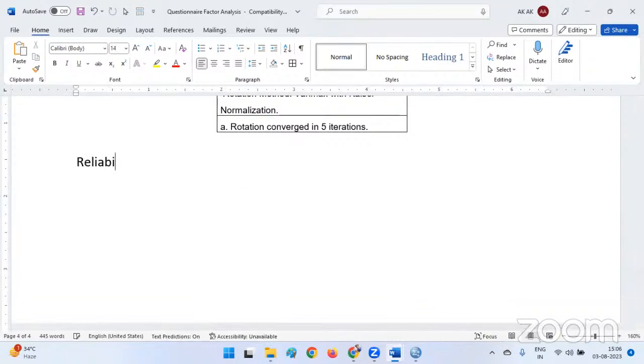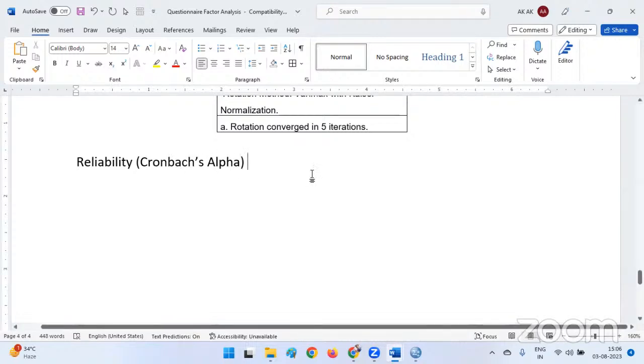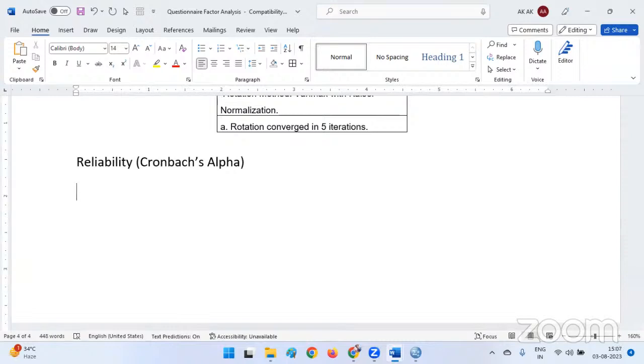So how do we check the reliability? We check reliability with the help of Cronbach's alpha. Cronbach's alpha is the measure of reliability. We check the reliability factor-wise. Factor 1 is items 1, 2, 3, 4, 5.